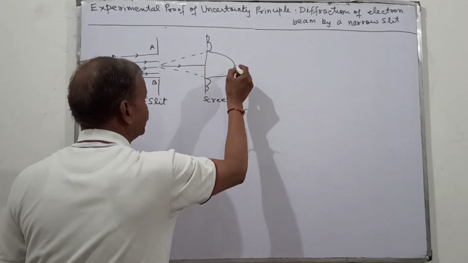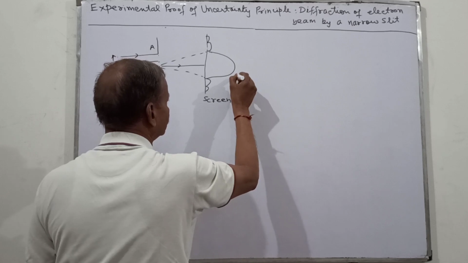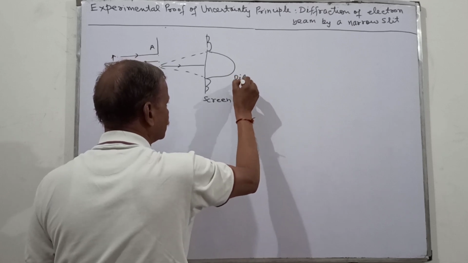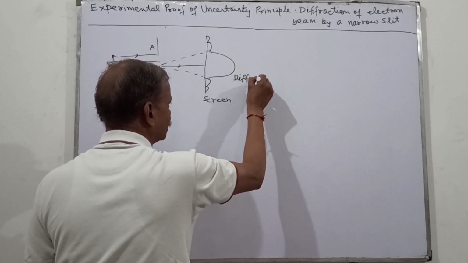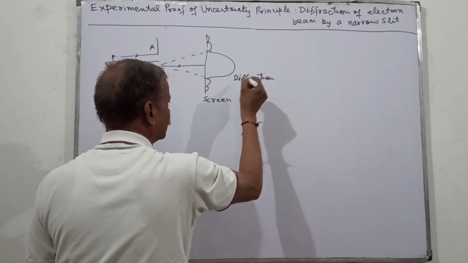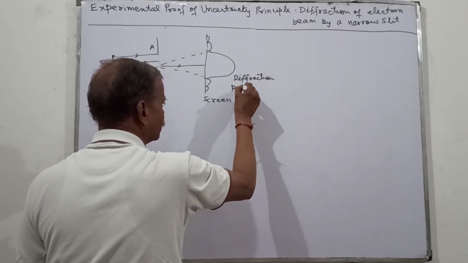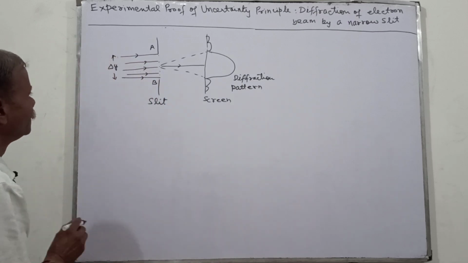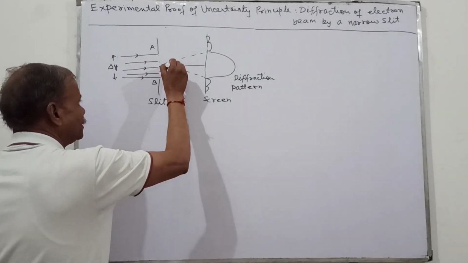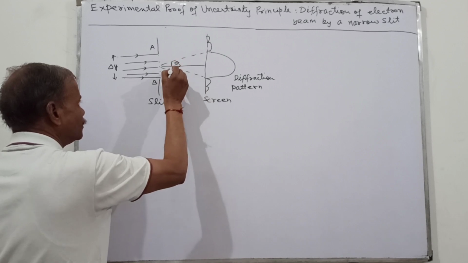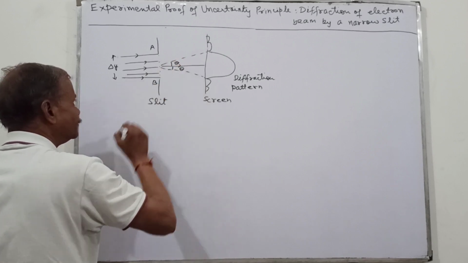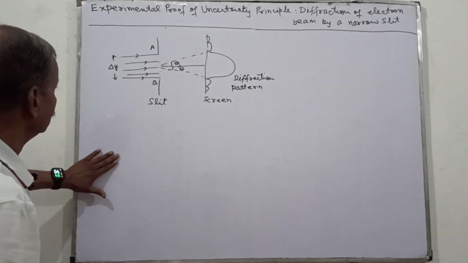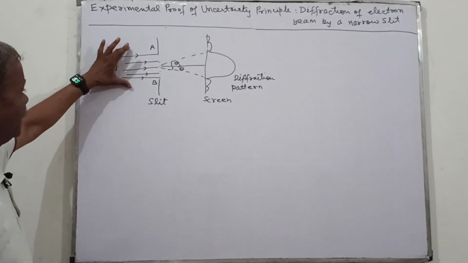This is the diffraction pattern. This is the angle theta, and this is also the angle theta. So now I have shown you this electron beam.